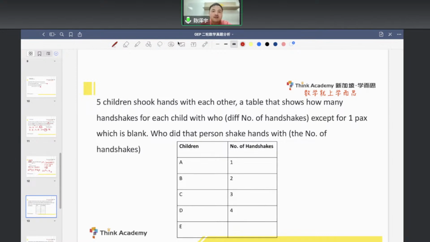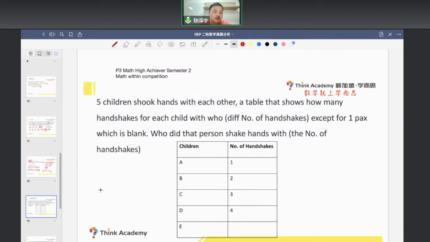For this one, this question is our P3 Handshake Maths High Achiever, a semester 2 topic called Maths within competition. So we have actually learned this topic already.